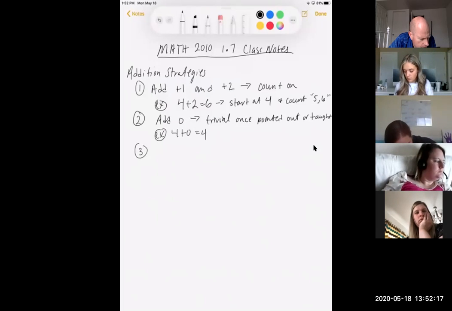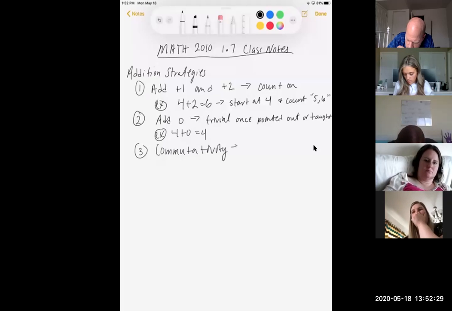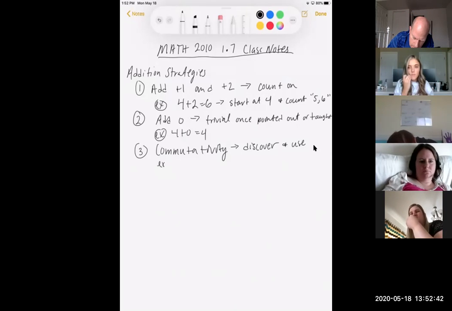Number 3, commutativity. That's a hard word to say. Or using the commutative property. They use that when they discover it. You'll have exercises that you'll have your students do where they'll see that's the sum when they put together a bunch of blocks.